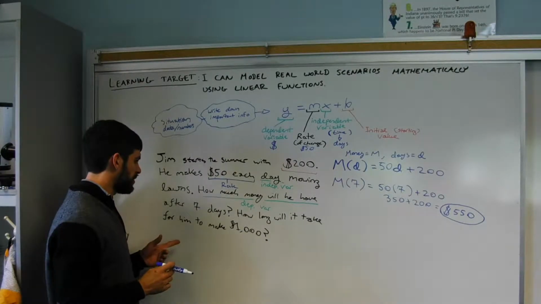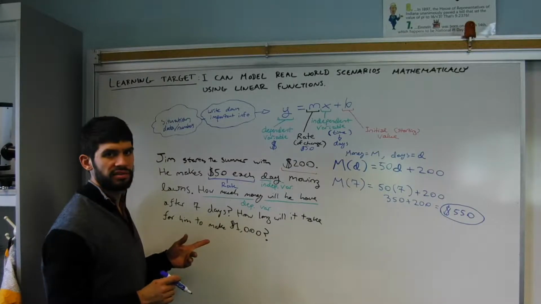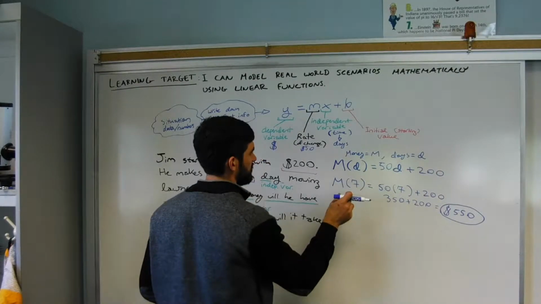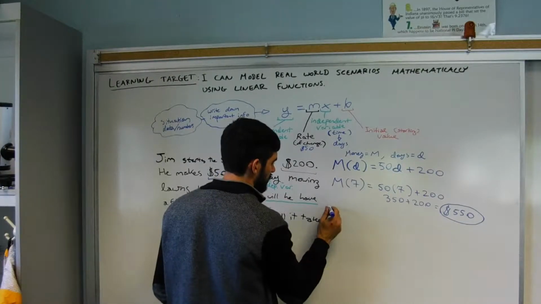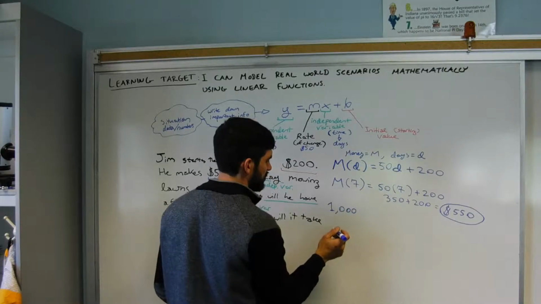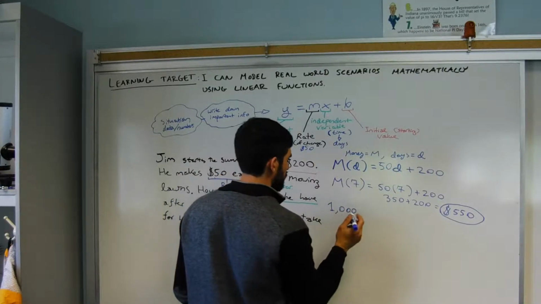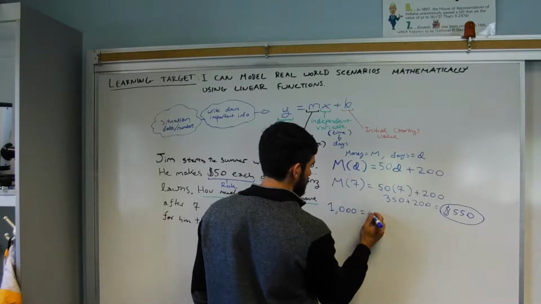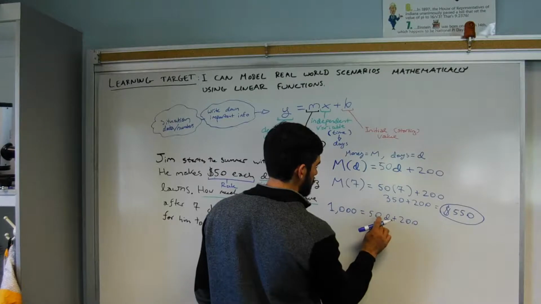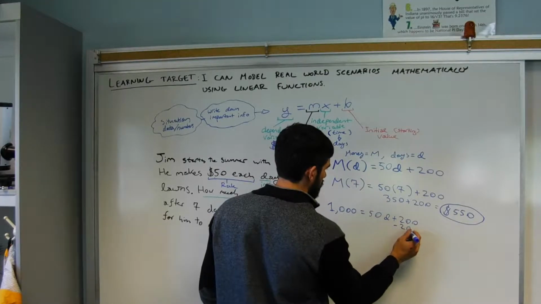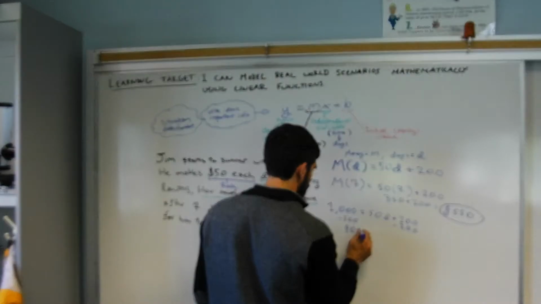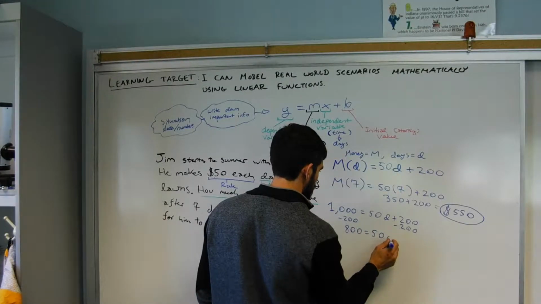Then we're asked how long will it take him to make $1,000. So in that case, we're looking for the number of days, and we already know the amount of money. So we plug in 1,000 over here, and we'd say 1,000 is equal to 50d plus 200, and we just solve for d. So I'd subtract 200 from each side. We get 800 is equal to 50d.